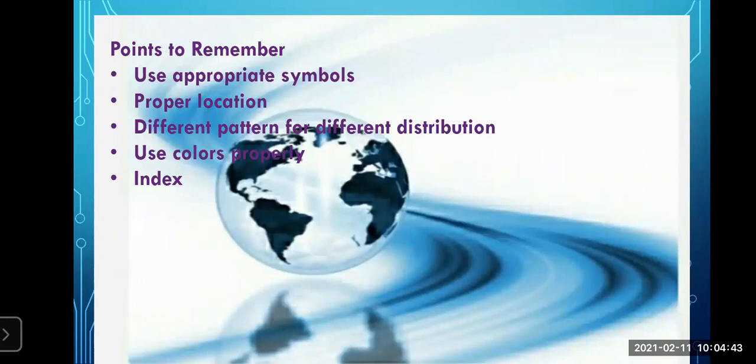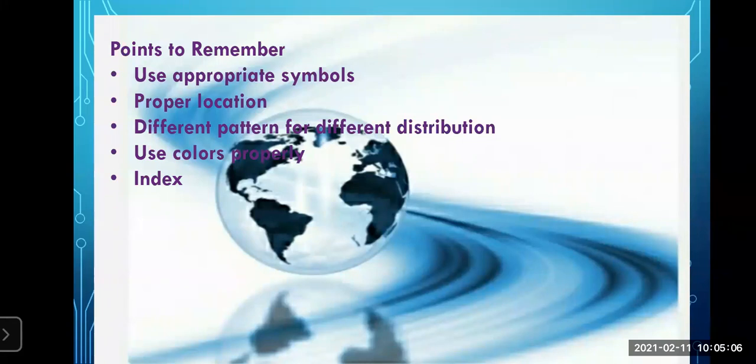Now, different pattern for different distribution. For example, if you want to show the distribution of cities and all, and you give the same pattern that we have seen in the choropleth map, the same tint shade, the same color shade, then it will create confusion.